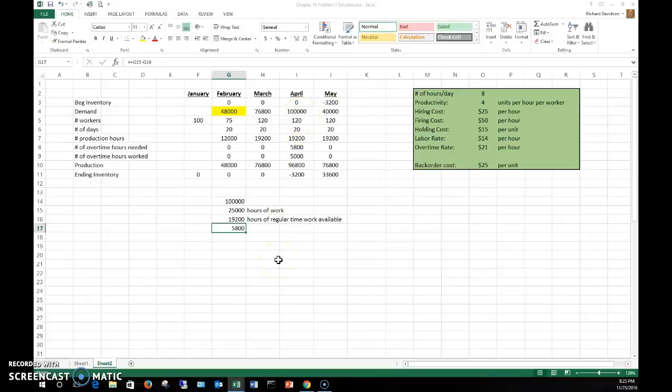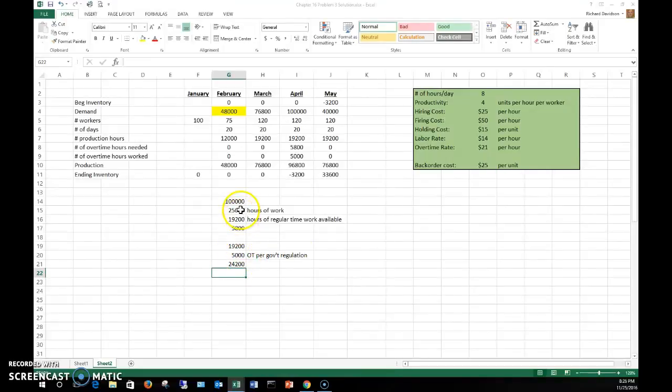But we have this little quirk that the problem mentions in that we can only work 5,000 hours. So we have 19,200 available. We can only work 5,000 hours overtime, and that's per government regulation. So we can only work, regardless of our demand, 24,200 hours.